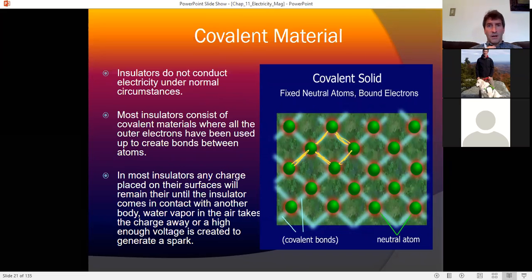The atoms can't move, and they're not even charged, so they can't carry charge with them. The electrons are stuck. So with covalent materials, again, things like ceramics, things like rubber, wood is made of cellulose, which is a covalent material. All of these are good insulators and will not carry electricity.